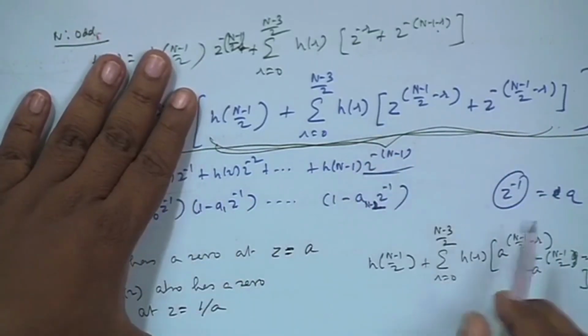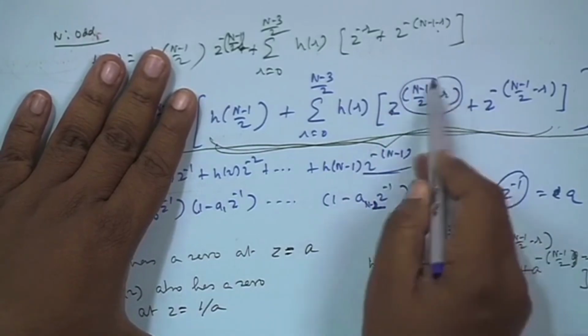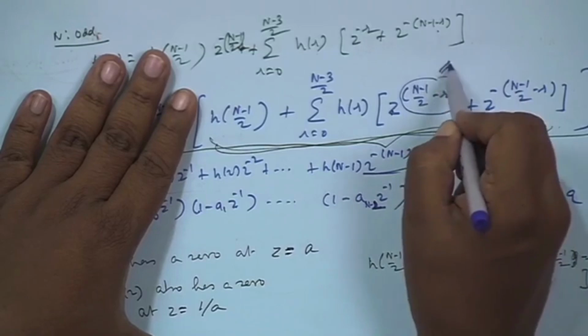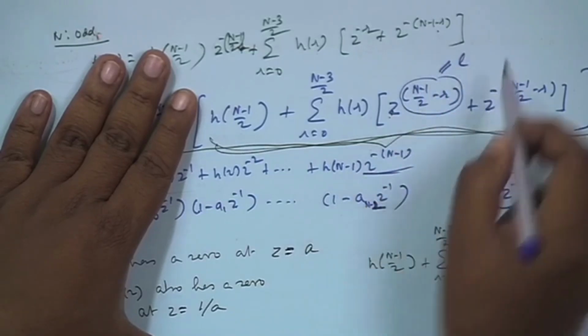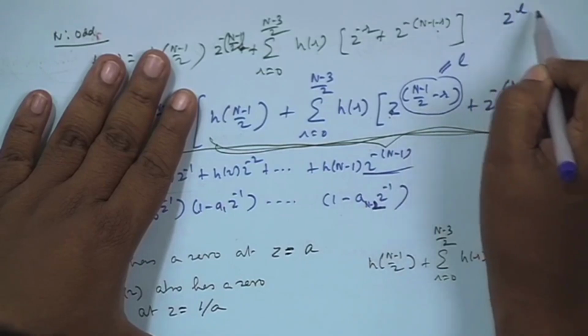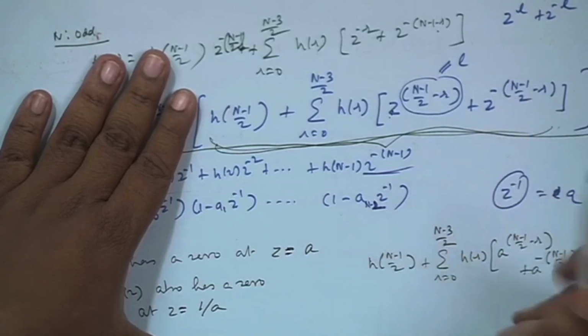Suppose instead of a, we have put a here, a to the power this part, if you call it n minus 1 by 2 minus r, if you call it L. So, z to the power L plus z to the power minus L, the same thing L. That means a to the power L and a to the power minus L. Okay. This is becoming 0. This summation here is becoming 0.